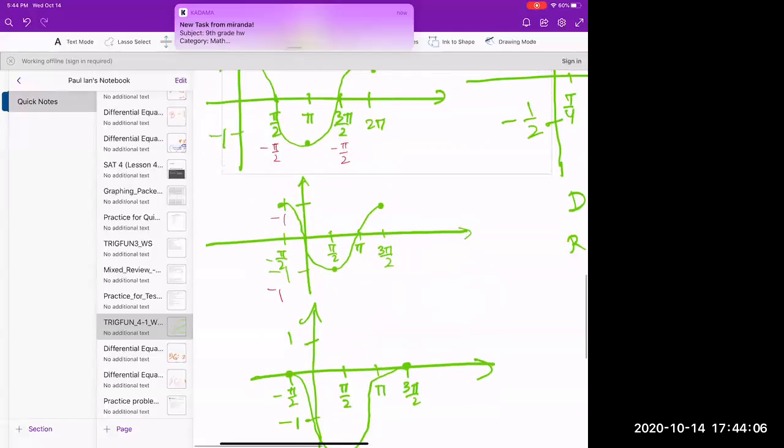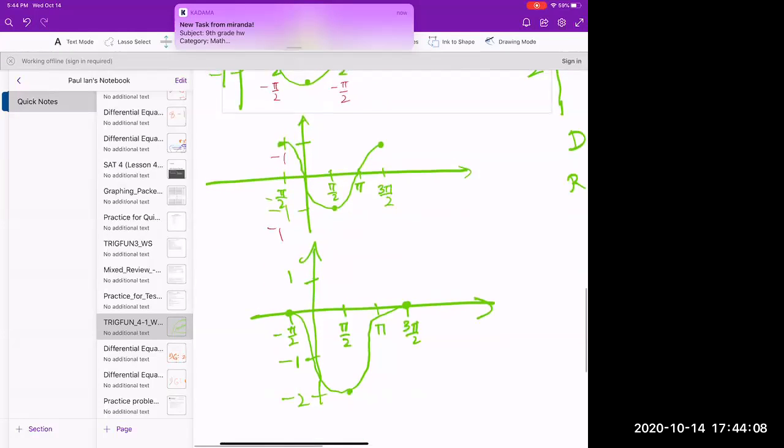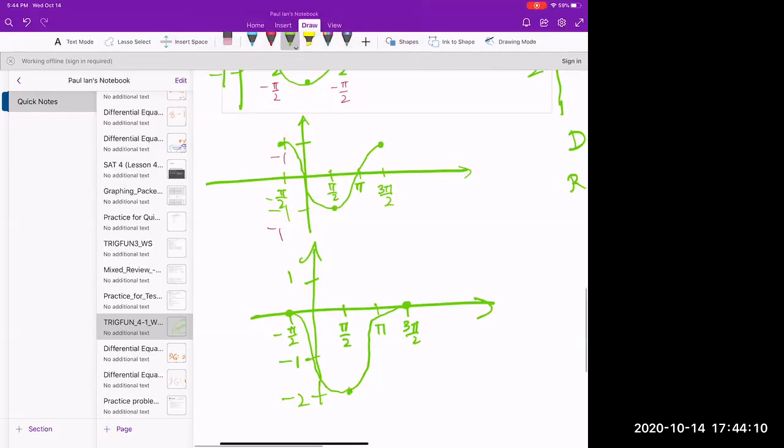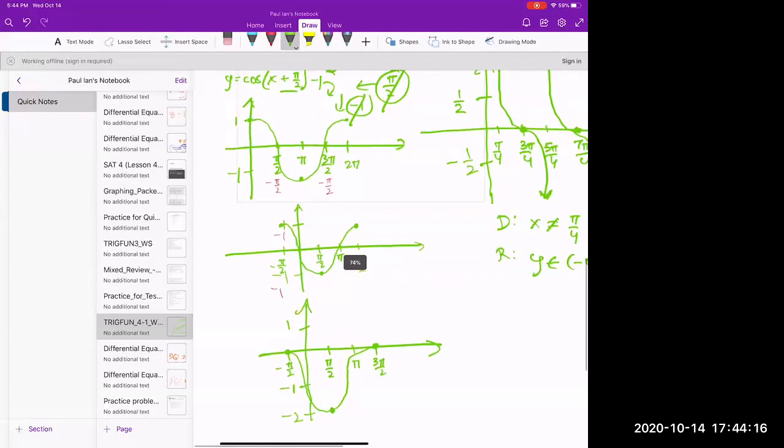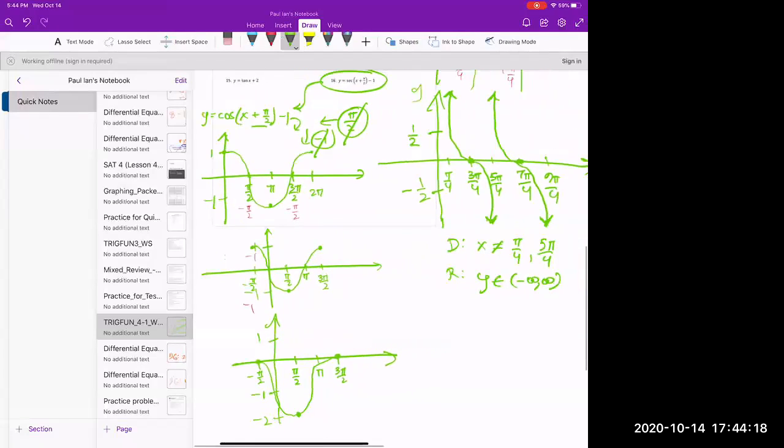Okay. All right, did you graph this one? Yeah. Okay. So that's pretty much shifting it to the bottom and then to the left.